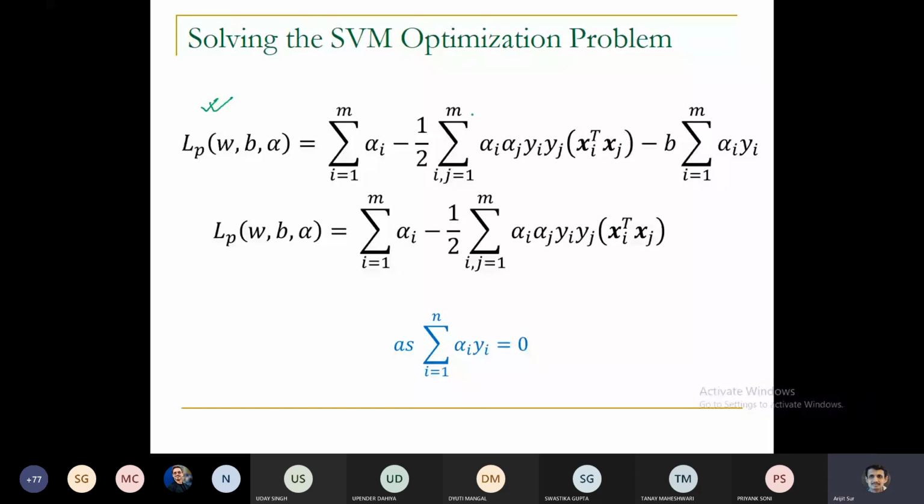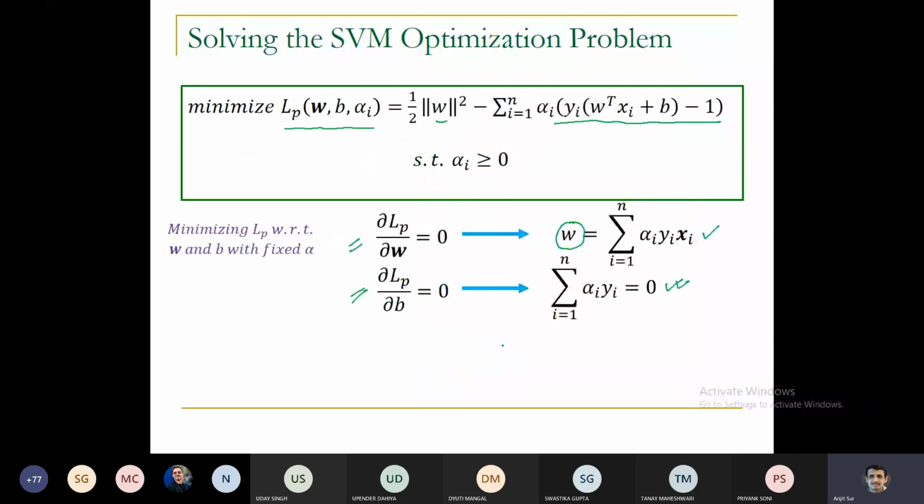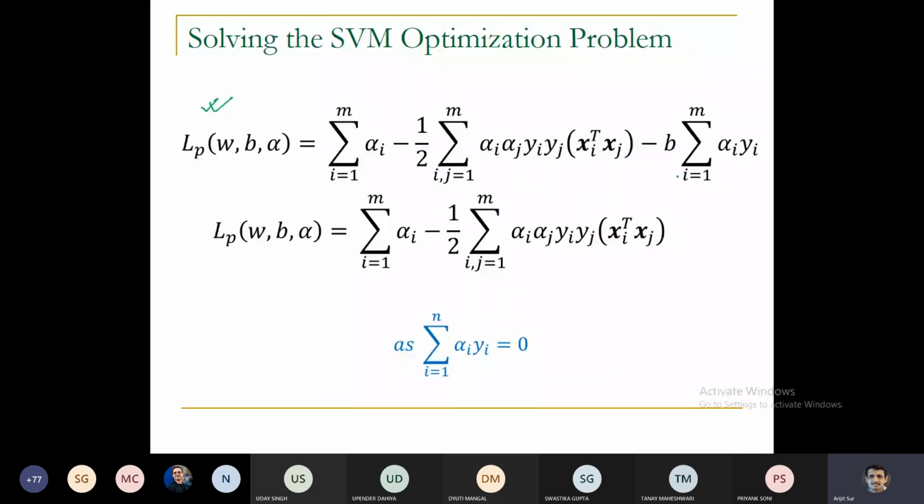If we take the summation of alpha_i y_i equal to 0, then this term is basically 0, and we get the summation of alpha_i minus one half the double summation of alpha_i alpha_j y_i y_j x_i transpose x_j. So this is two vectors.